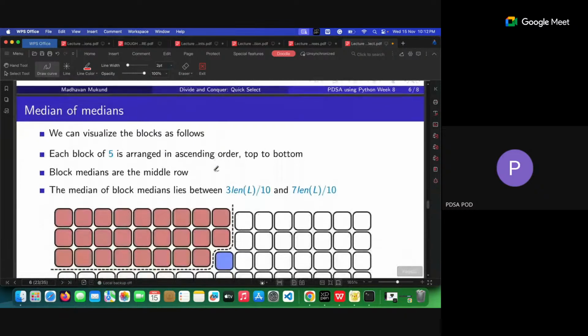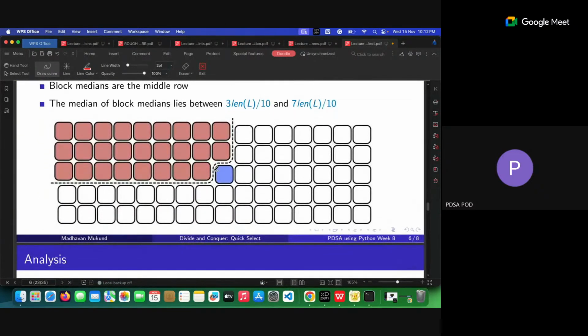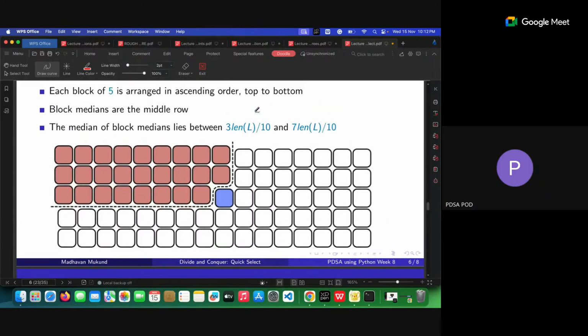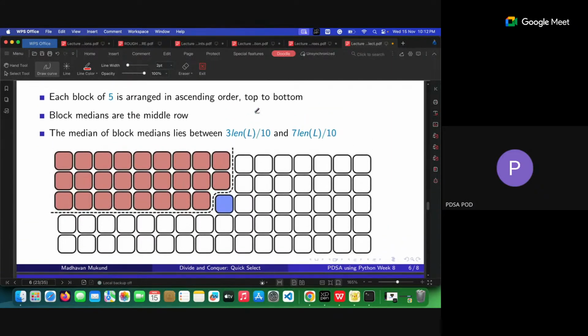Once they find the middle one, it's very easy. Here also see, 3 into length of L by 10 and 7 into length of L by 10. Here also it is the same: the first quarter and third quarter are avoided.